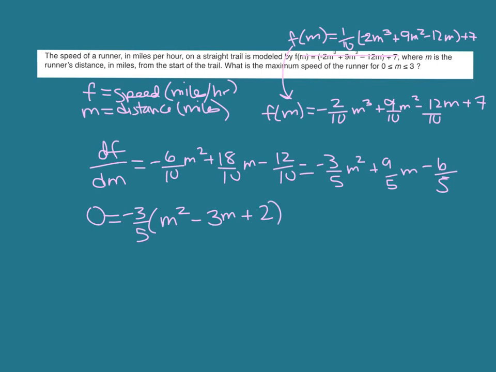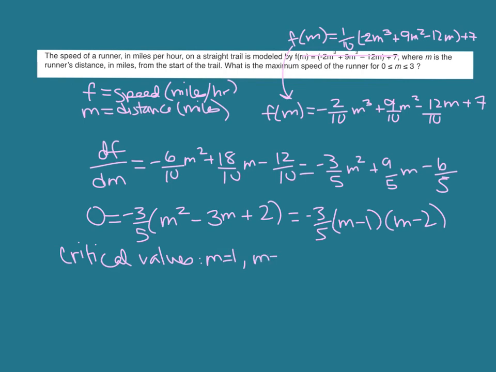You'll notice I factored out the negative also, so my signs changed. Now when I factor it, I end up getting negative 3/5 times m minus 1, m minus 2. So that means that I have critical values at m equals 1 and m equals 2.